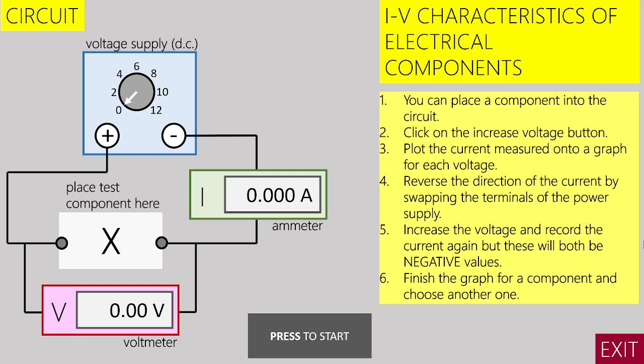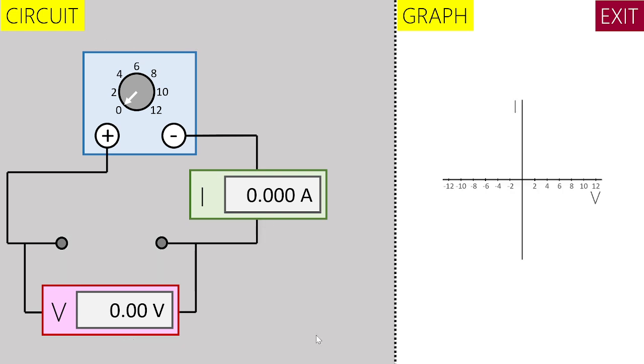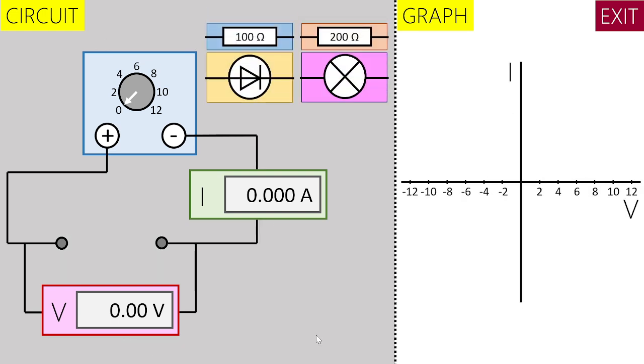We've got space for a component, and we have a voltmeter and an ammeter in the circuit. Now the variable resistor would be, okay, let's have a fixed power supply and let's alter the voltage or alter the current using a variable resistor. It doesn't really matter because we're going to see the same results. So we're going to use 4 different components, and here are the components. So now for each one we're going to draw a graph.